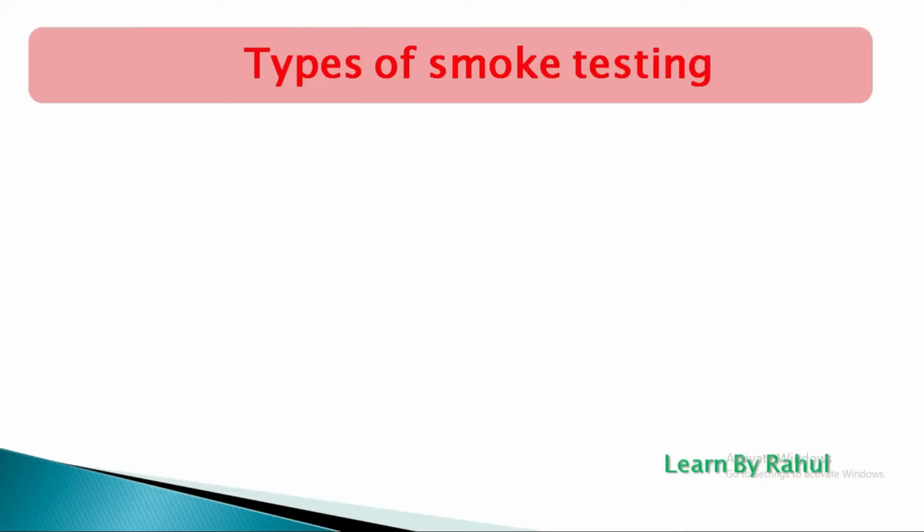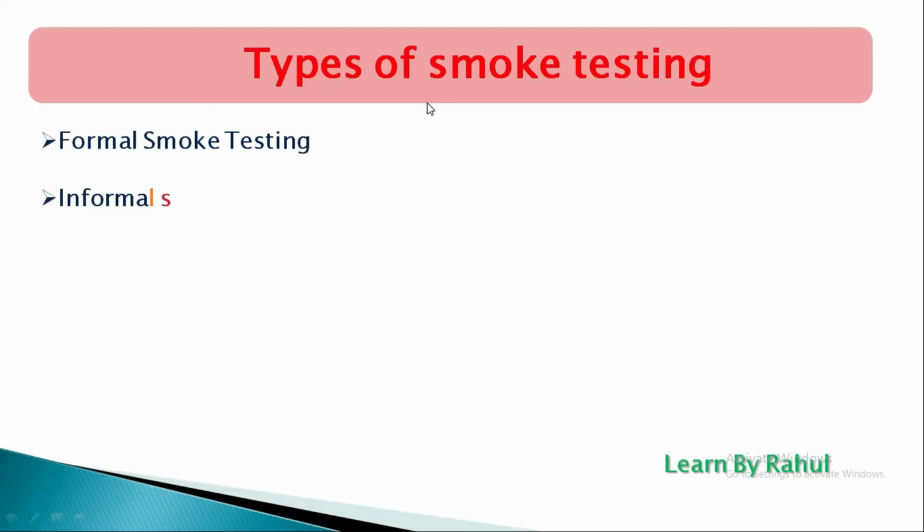That's why smoke testing is very important. Now we talk about types of smoke testing. Formal smoke testing is where the company has particular test cases and test scenarios to perform the smoke testing, so we execute those scenarios or test cases one by one. That comes under formal smoke testing.